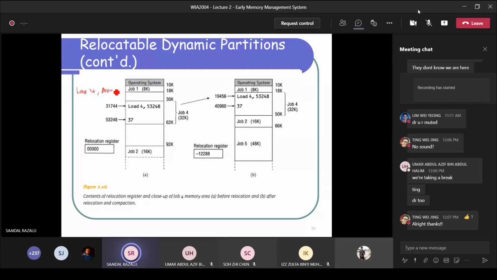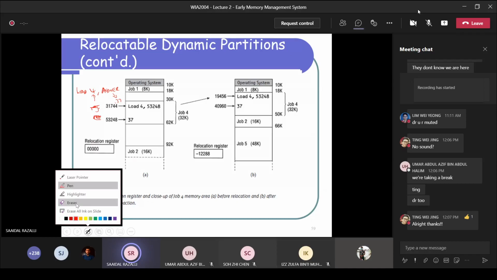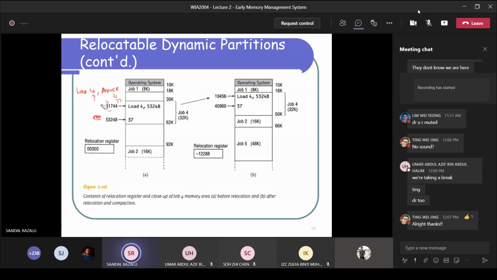So again, this is a load for answer, and the answer is 37 in value. Load for register number 4. Suddenly something happened, never mind.